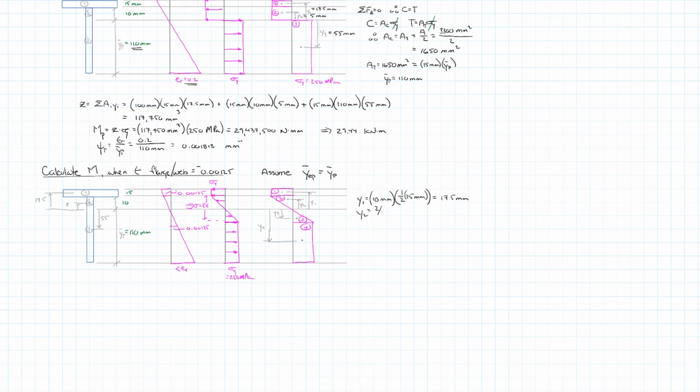Y2 would be 2/3 of our distance between the neutral axis and the bottom of the flange, or 10 millimeters, which would be equal to 6.67 millimeters. Y3 has to be that same distance because the distance down the strain diagram where we transition between elasticity and plasticity has to be the same distance as it is going above the neutral axis.